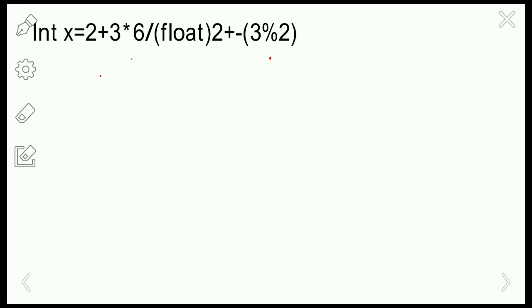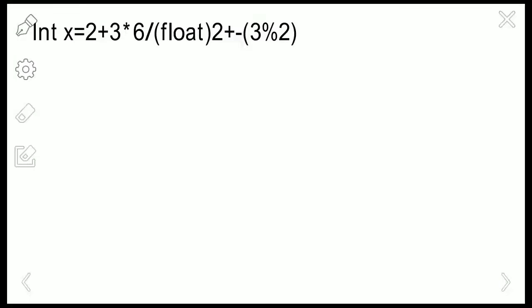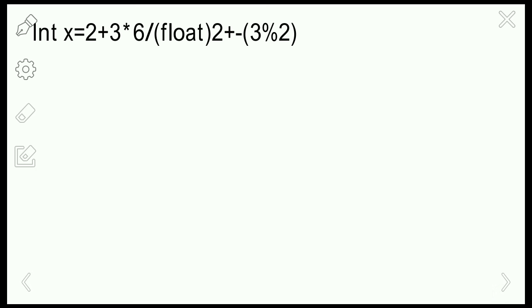In the precedence table, multiplication, division and modulus have higher priority, and parenthesis has the first priority. So let us evaluate the inner parenthesis first, because it has the highest priority.